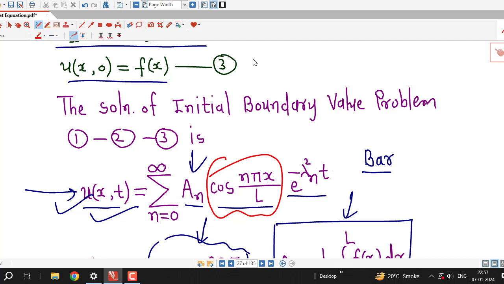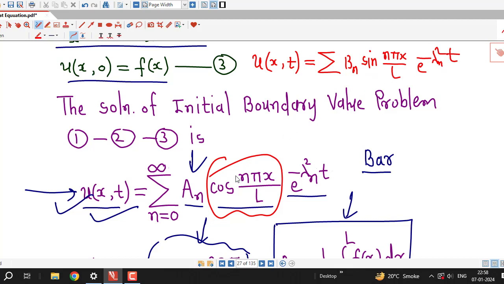In the earlier case, when both the ends are kept at 0 temperature, the formula was sigma bn sin n pi x by l into e raised to minus lambda n square t. Now instead of the sine function we have the cosine function, that is the only difference.